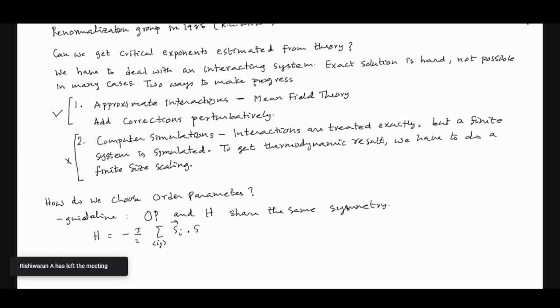Si is a vector in 3 dimensions, and Si dot Sj is a dot product of two vectors, and the dot product is invariant under rotations in 3 dimensional space.